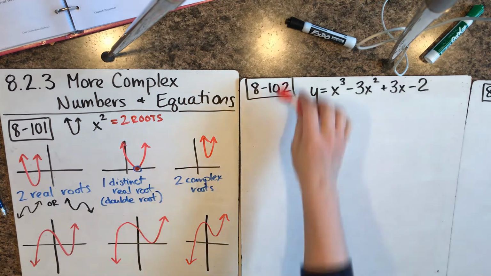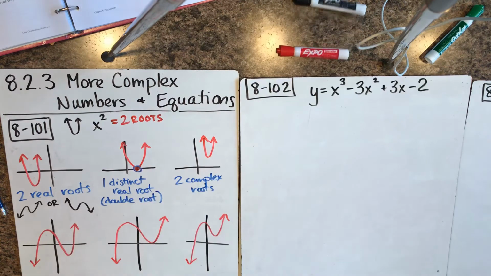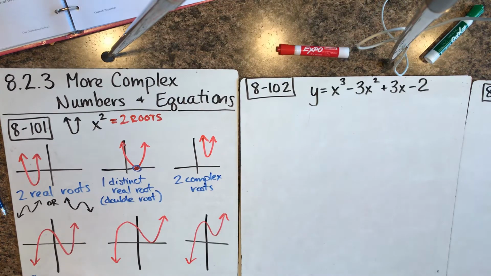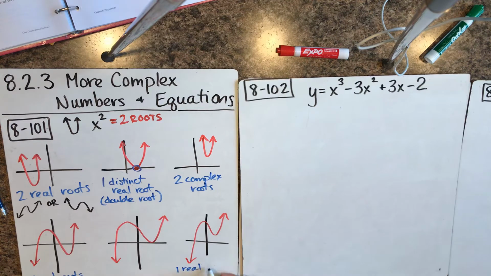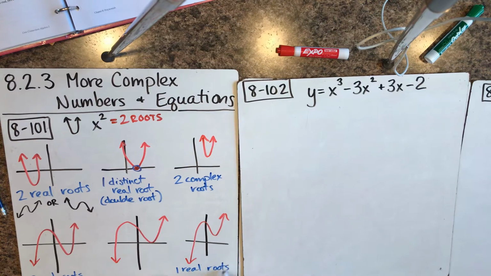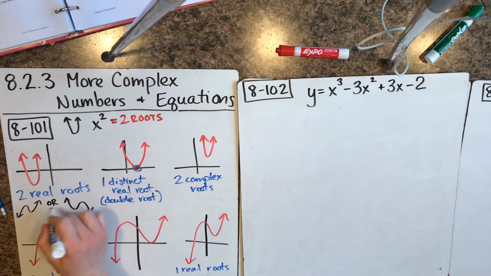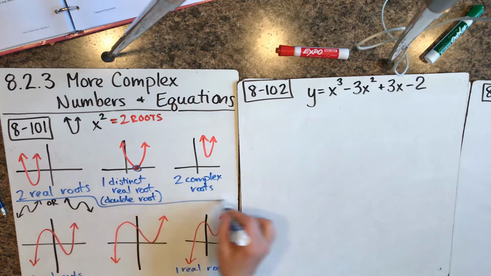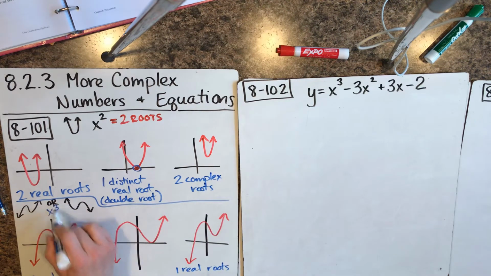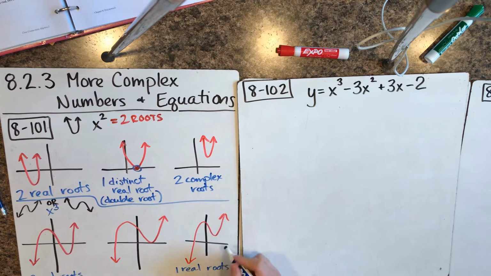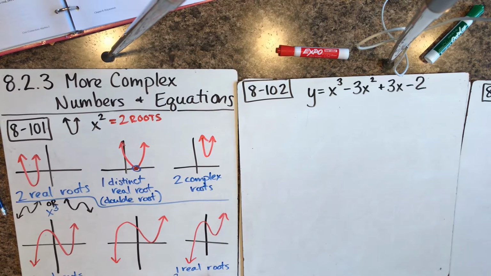So same as what's above, this one has 3 real roots. This one has 1 real root. And remember, the roots always have to add up to 3 because this is x cubed, right? We said these are all cubics. So 1 real root, the other 2 are complex or imaginary.